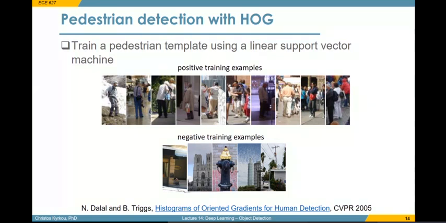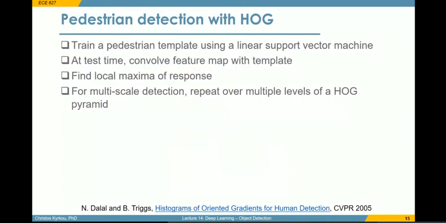We get this data, we extract relevant features like HOG, and we train a classifier like a support vector machine on this data set. Then, once we have, for example, a linear SVM at test time, the SVM weights correspond to a template that we can use to make predictions.